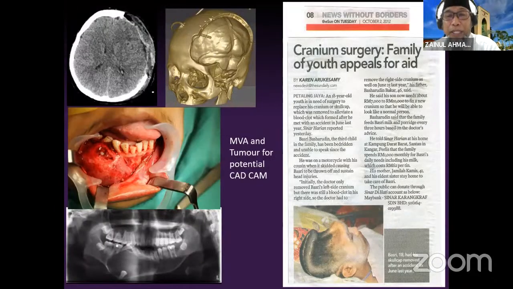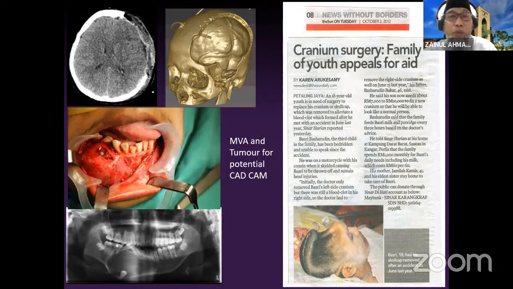One of the examples that I can show you is from a newspaper: patients with severe injury secondary to motor vehicle accidents, MVA. As you can see, fractures of the skull bone involving the brain, hematoma, and patients aesthetically not acceptable.